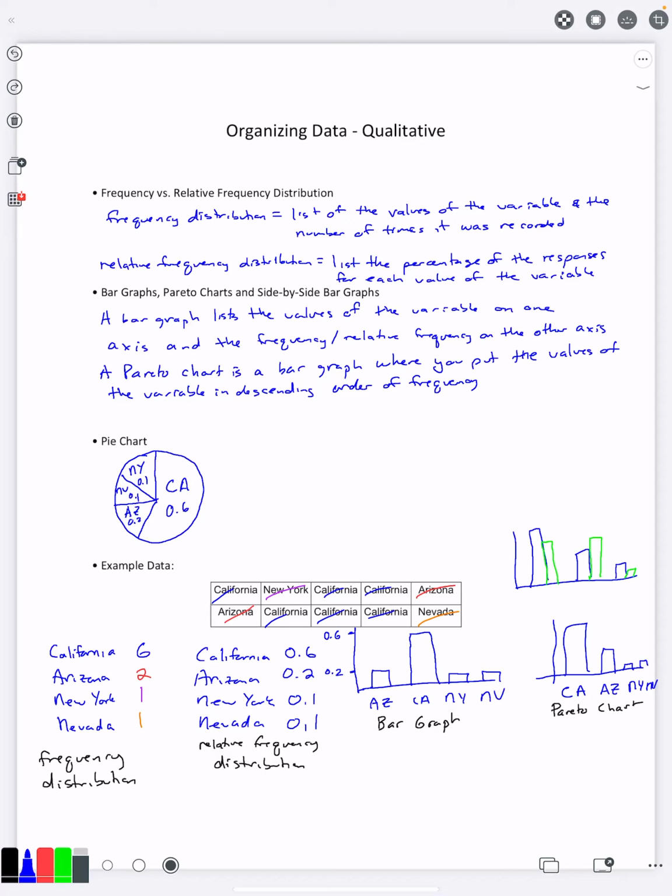It just depends on the context. It's not that big of a deal. I would say probably the frequency or relative frequency distributions are the lower end, just because people don't like looking at long lists of numbers, and they like the more visual appeal of a bar graph or a pie chart. But in the end, they all are trying to say the same data, but in a different visual way.